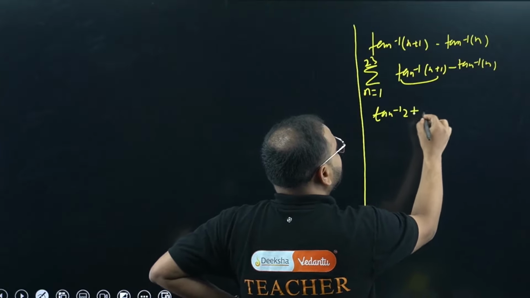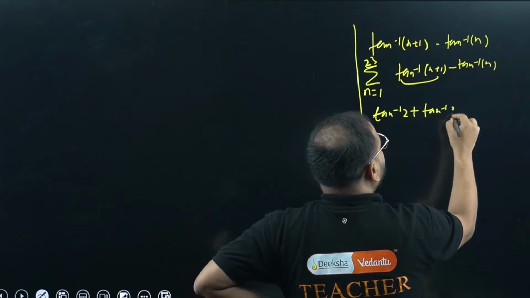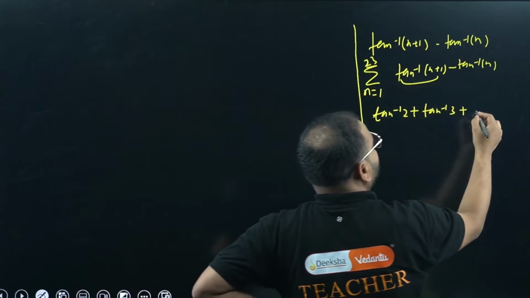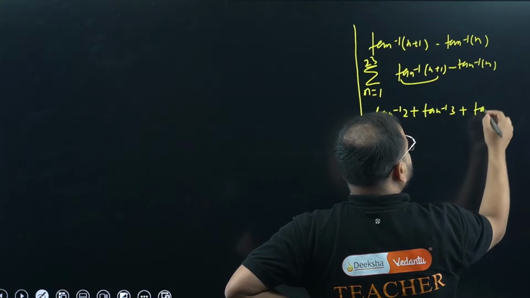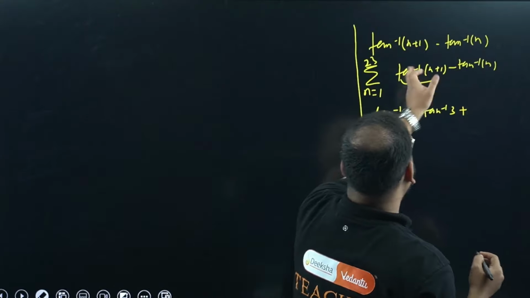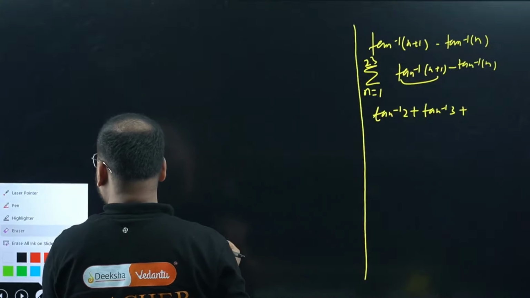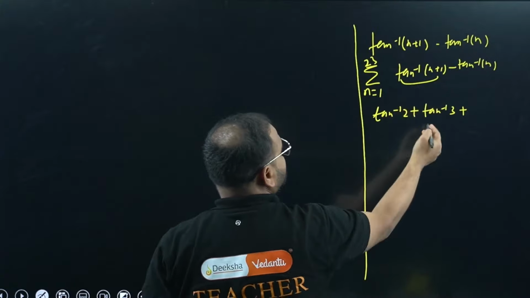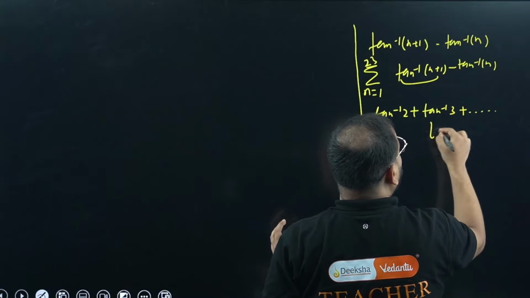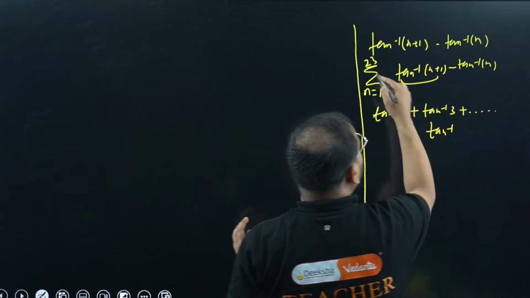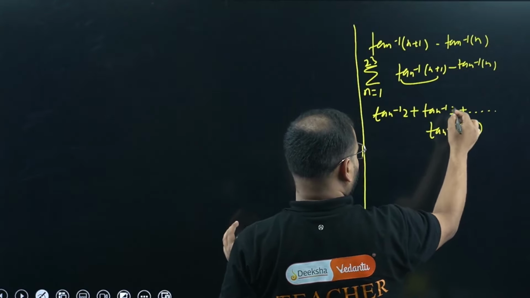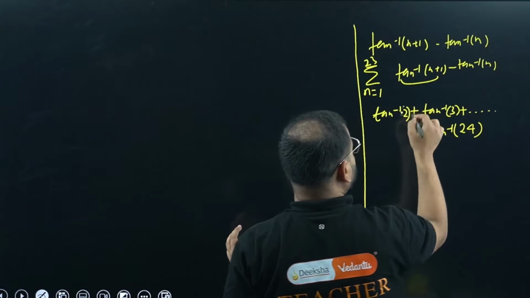Next term will be tan inverse of 3, and so on till the last, which will be 23 plus 1, that is 24.